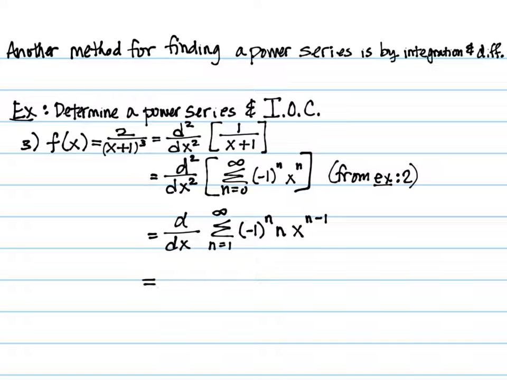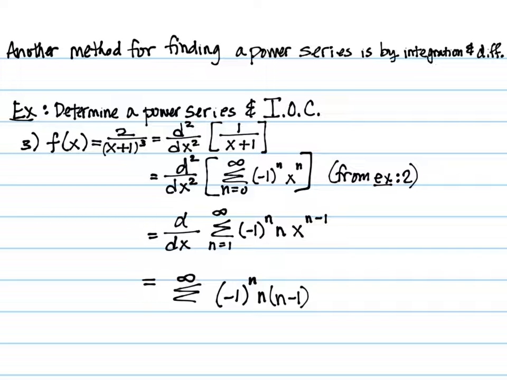So we do this the second time, and there's no more derivative notation. I still have the negative 1 to the n part. I still have the n because it's a coefficient. And then I need the coefficient now that was the exponent, so that's n minus 1. I didn't mean to leave off my summation. I just meant to leave off the derivative notation. Just like last time, when I take the derivative, the constant term goes away.